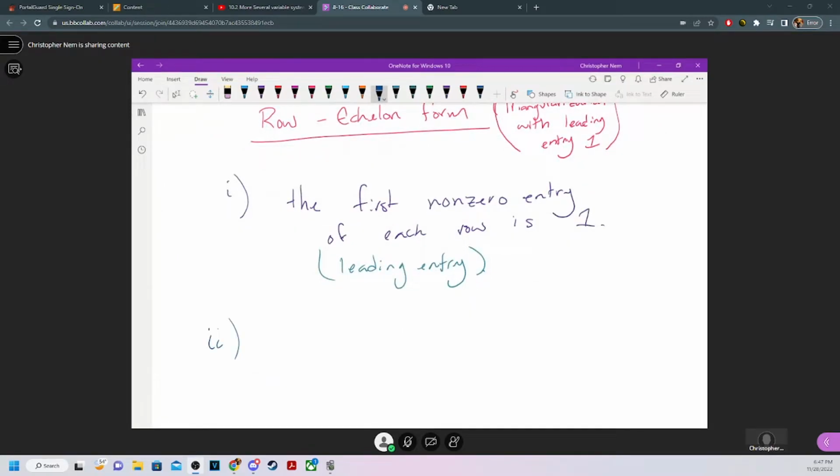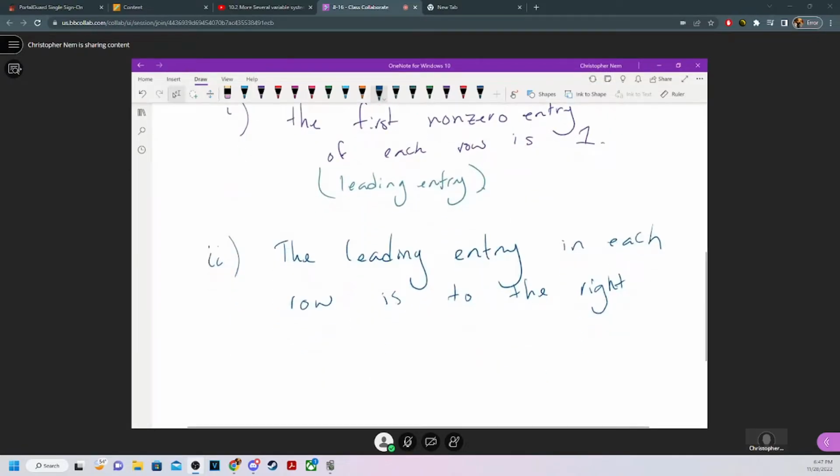Second thing that you need if you want it to be row echelon form: the leading entry in each row is to the right of the leading entry in the row above it.